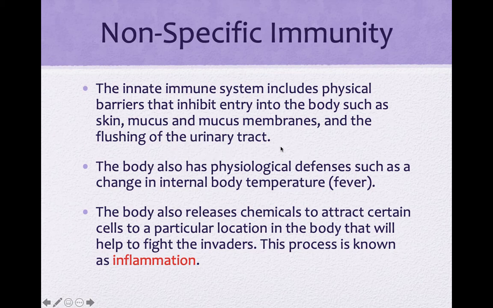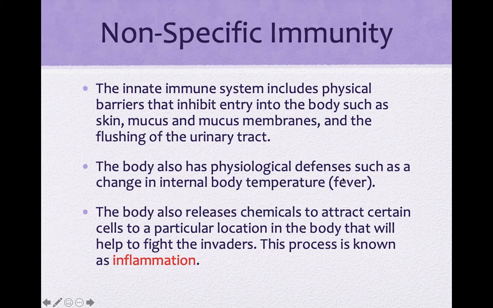Males have a longer urethra than females, which is why they are less likely to get urinary tract infections. It also has to do with the location of the urethra in proximity to the anus, where the bacteria more likely to cause UTIs are found.